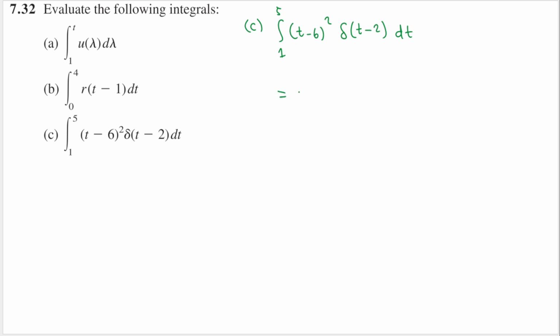So this will equal (t minus 6) squared at t equal to 2, which is good because 2 is inside the integration bounds. So I'll have (2 minus 6) squared, which is minus 4 squared, which is 16, because a negative squared becomes positive. So I will have 16 here for question C.